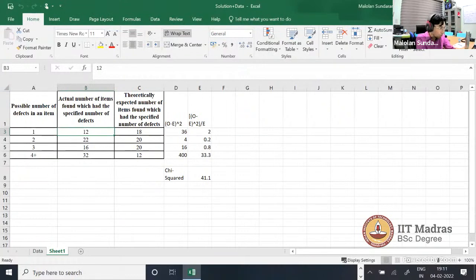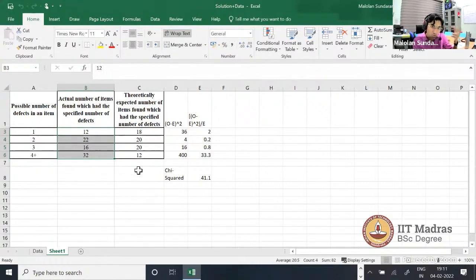All right. So if you see, we are talking about number of defects. So it can be 1, 2, 3, or more than 4 in the product. And if you look at the sum of these, it comes to around 82. But our sample size is going to be 100. So what does that remaining value correspond to is the question.